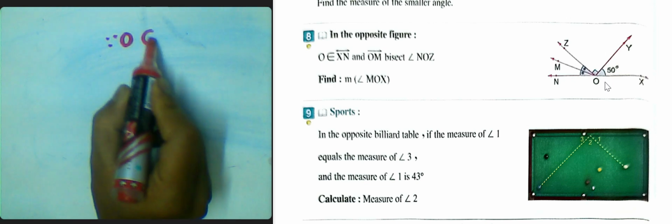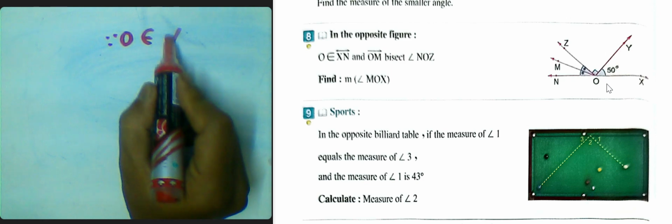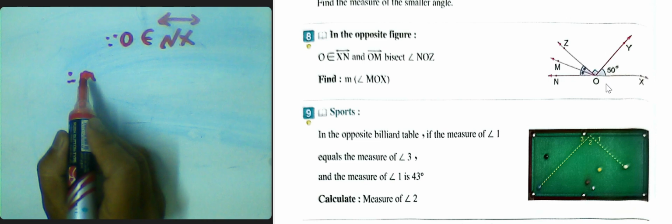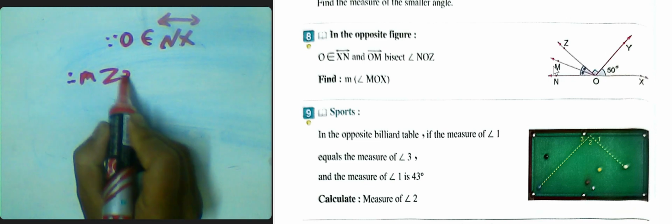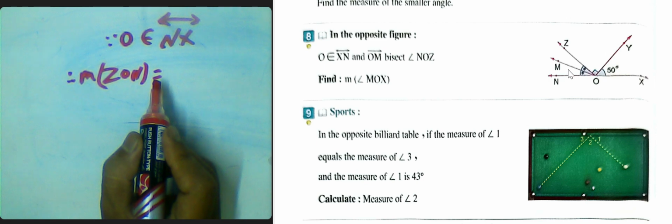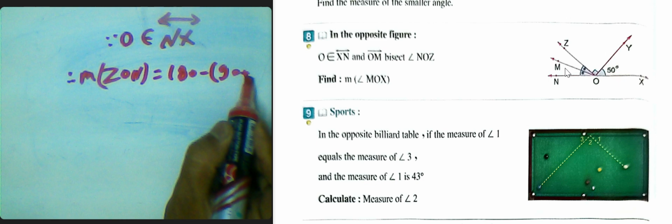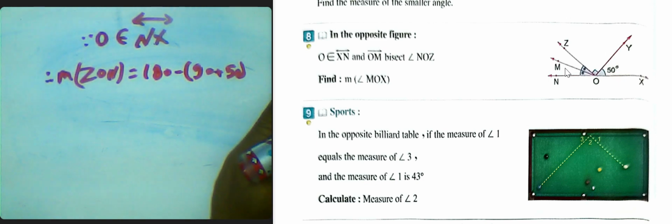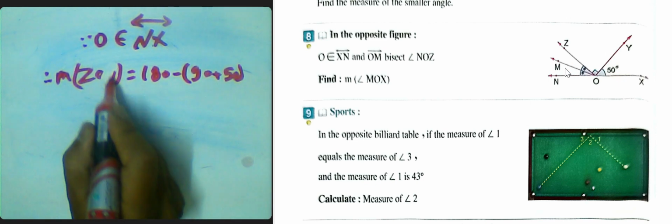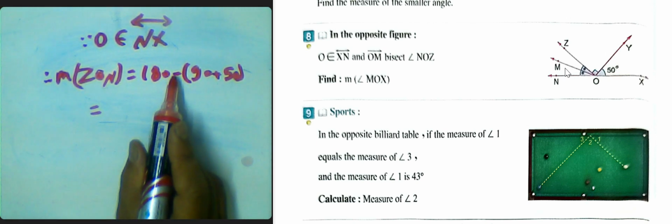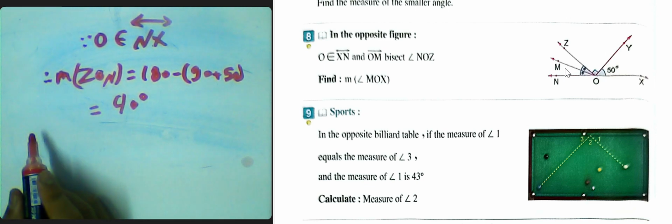First step, look with me. We have O belonging to a straight line in X. Then the measure of angle ZON will be equal to 180 subtracted by 90 plus 50. ZON will be equal to 90 plus 50, 140, subtracted from 180, which is 40 degrees.